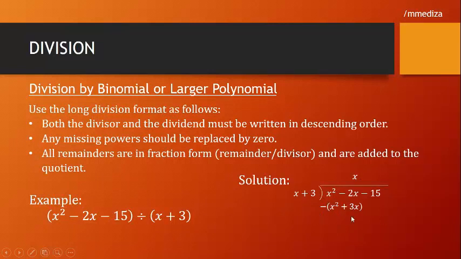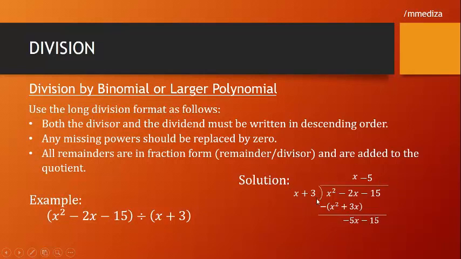So multiply and subtract, that is negative 5x. Bring down negative 15, that will be negative 5x minus 15, divide by x plus 3, that is negative 5.